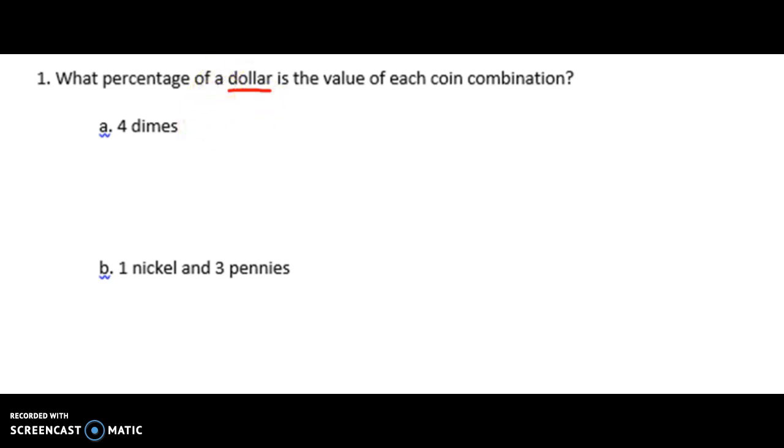So if I have 4 dimes, I'm going to take 4 times 10 because a dime is 10 cents, and that's going to give me 40 cents. Now I need to ask myself, what part of 100 is that 40 cents? So I'm going to take 40 divided by 100.